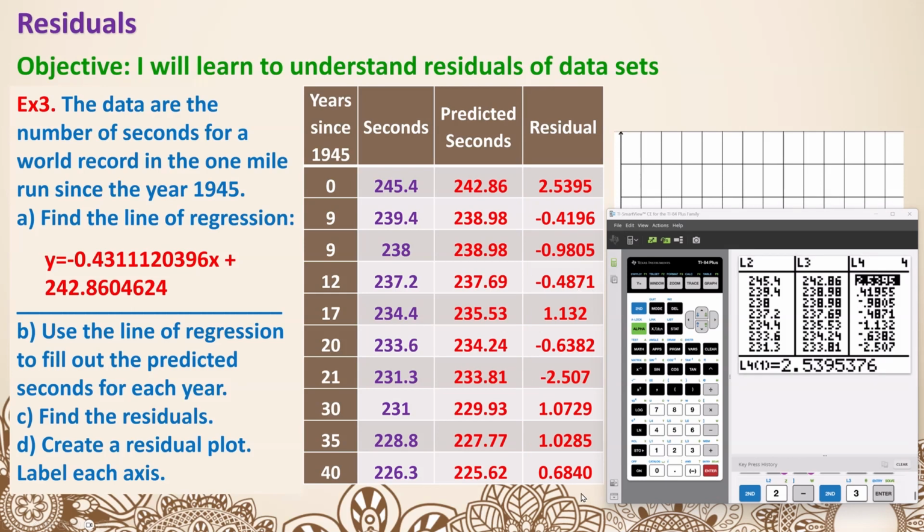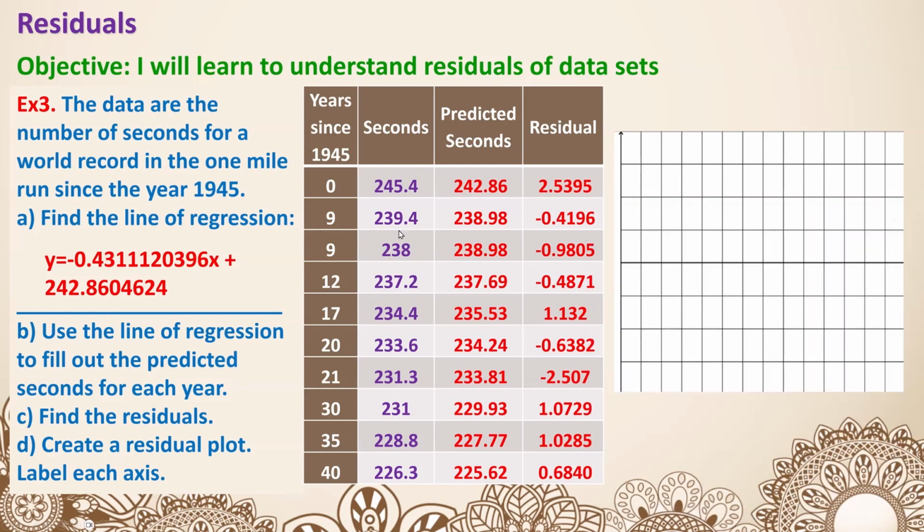That's quite enough. Okay, afterwards, we are going to use the x values and the residuals to create a residual plot. The only thing you have to be careful with is this time nothing is labeled, so you do need to go through that process by yourself. So a quick reminder, for the x-axis, which is right in the middle, because for the residuals we have positive values and negative values, so we need to go positive and negative.